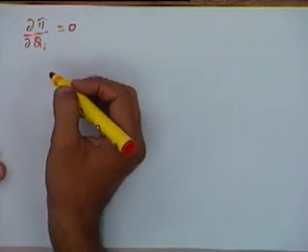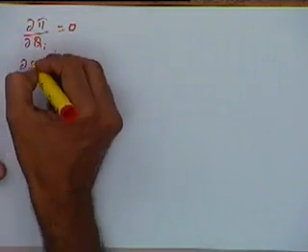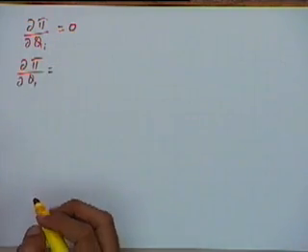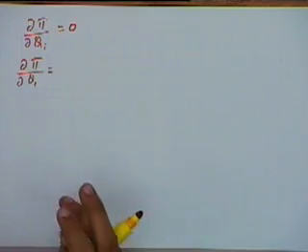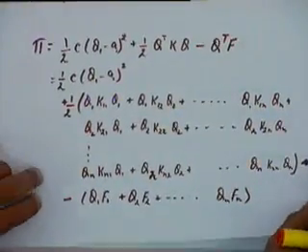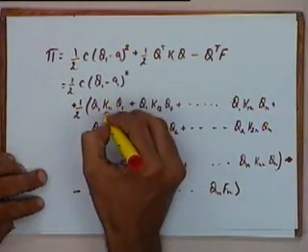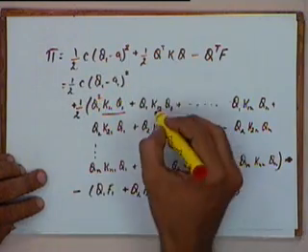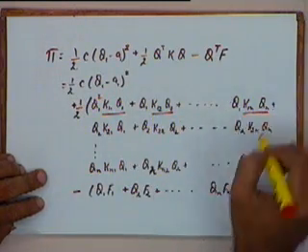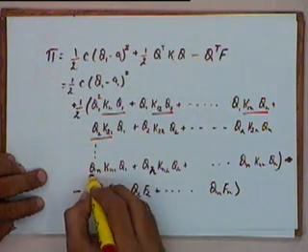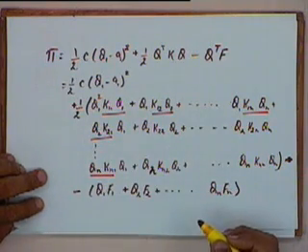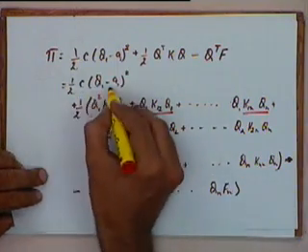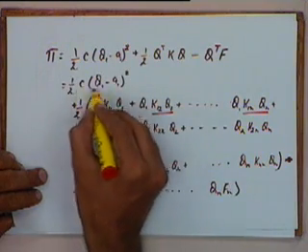First I will differentiate with respect to q1 and I will get del pi by del q1, and what will that be equal to? When I differentiate this with respect to q1, I will get this term multiplied by 2, I will get this term, so on up to this term, and in this column I will get this term, so on up to this term. Plus, when I differentiate with respect to q1, I will get a term from here.